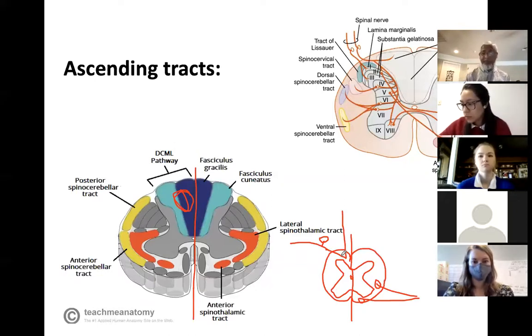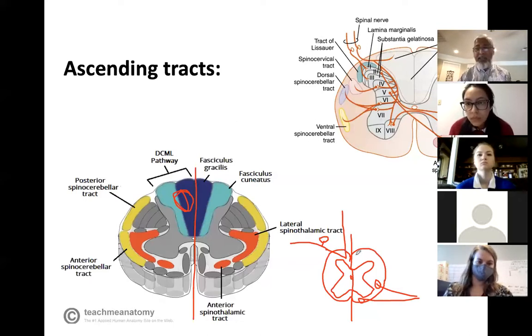Okay, good. Now look, this is the gray matter, right? The gray matter is divided into laminas: lamina 1, lamina 2, lamina 3, lamina 4, 5, 6, up to lamina 8, 9, right? They are divided into different laminas.